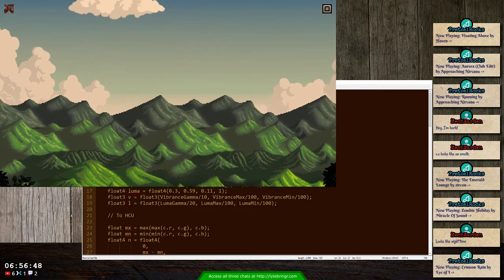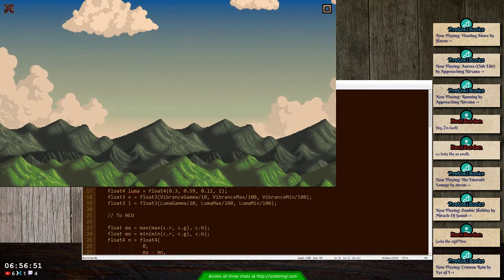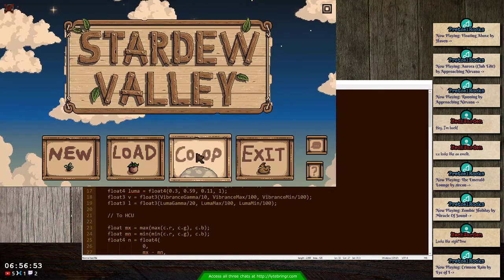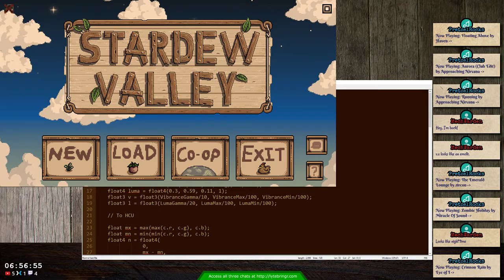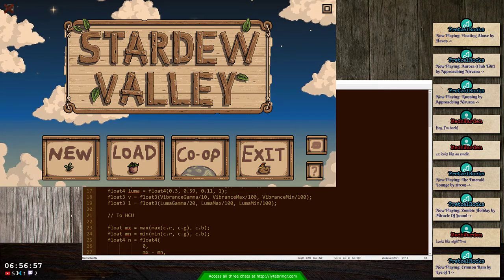So let's get into the game. Actually, let's turn off the sepia, because the sepia will make that a bit more difficult. Okay. This screen is as good as any to work in.